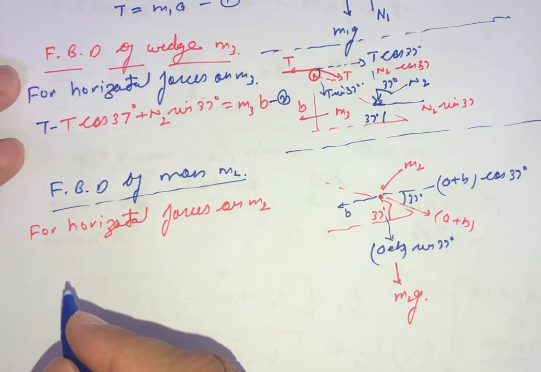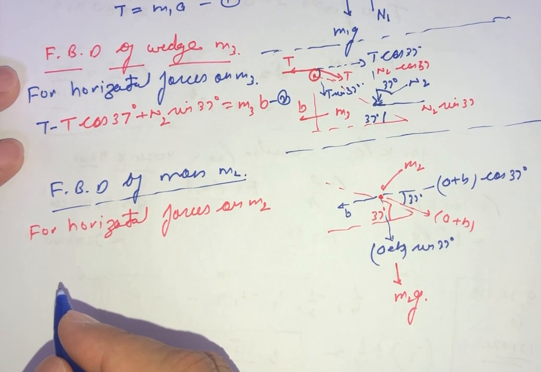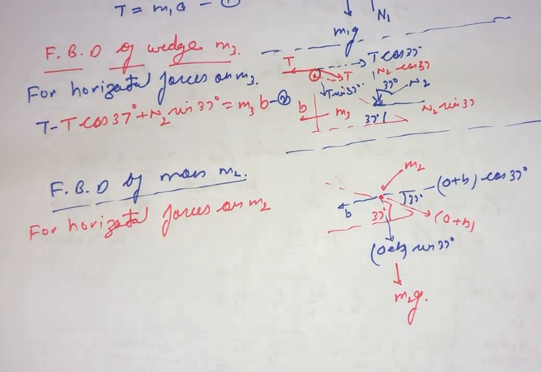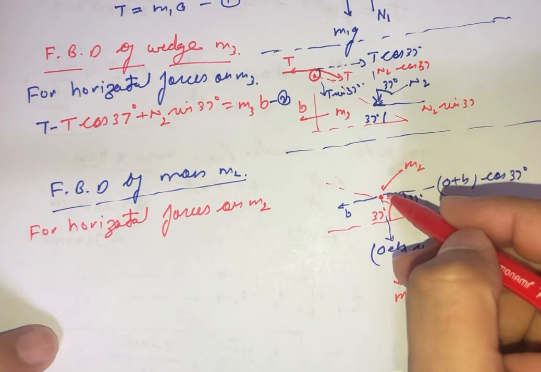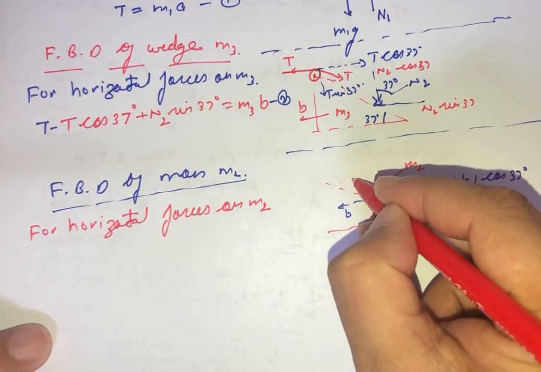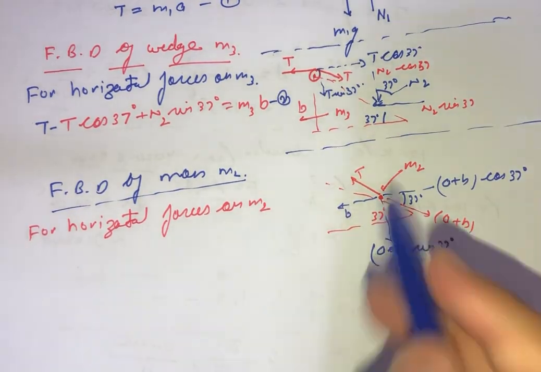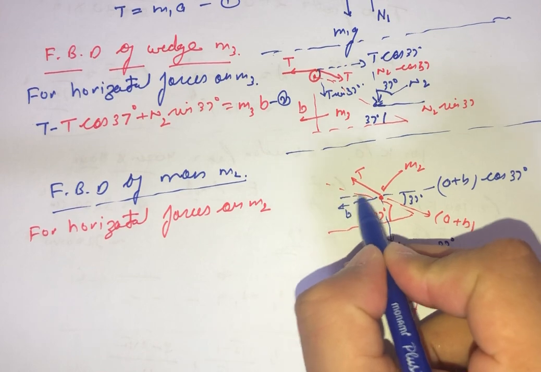I think I forgot something, or everything is done. Yeah, I forgot one thing, that is the tension. M2 is connected with the string, and this will be tension T, and this can be also divided into two components.